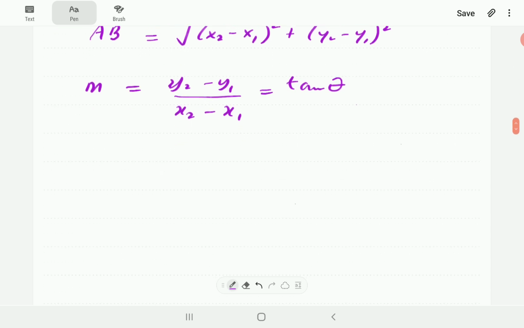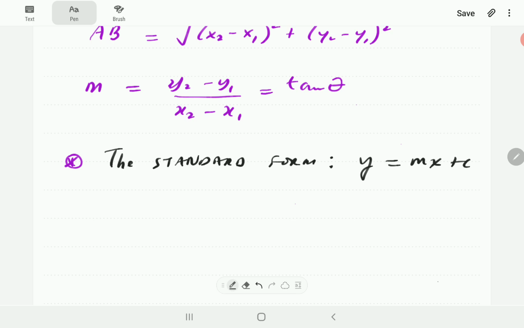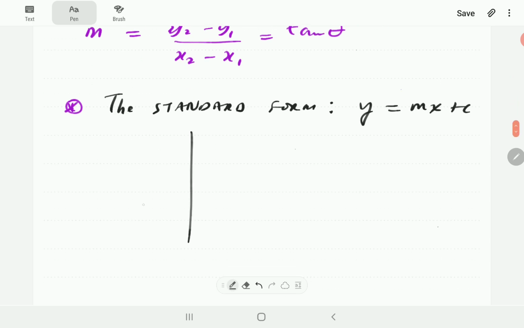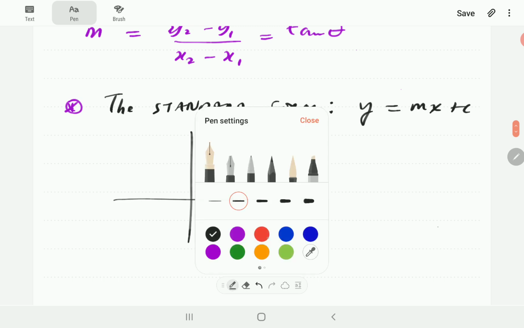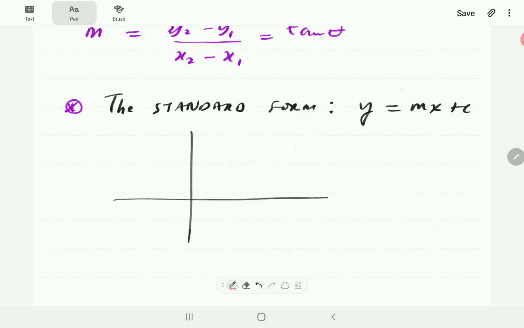Alright, now let's look at some equations of the straight line. The first equation that we're going to start with is the so-called standard form. The standard form of the equation of the straight line says y equals mx plus c, where m is the gradient and c is the y-intercept.